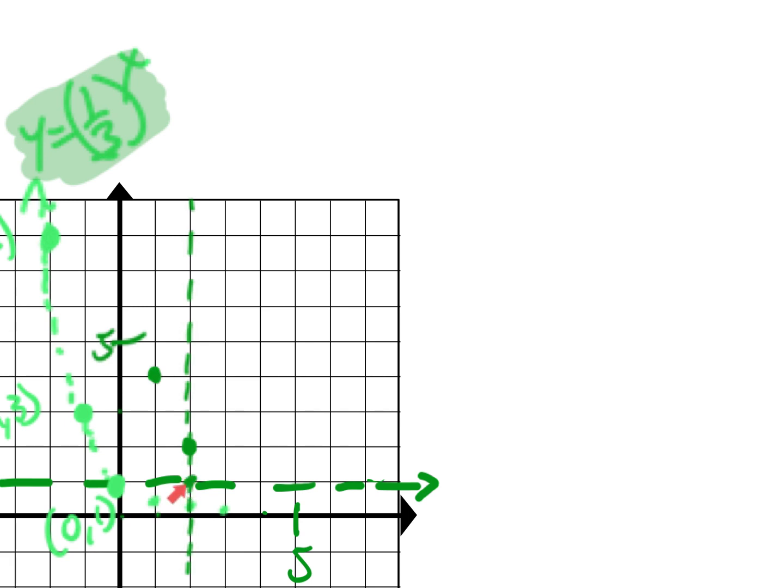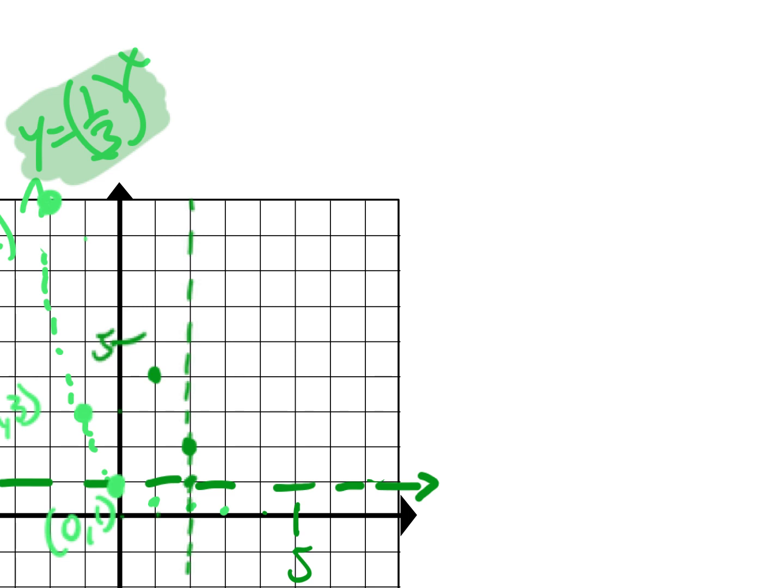From my little pretend origin, my translated origin, I'm going to go, well, 1/3 to the negative 2 would be like 3 to the second power, which would be up 9. 1, 2, 3, 4, 5, 6, 7, 8, 9. Okay, did I not count far enough? You know what? You may have caught that. I think this one's too low. 5, 6, 7, 8. I think it is. So this point should have been up higher. Anyways, this point actually should have been up here.